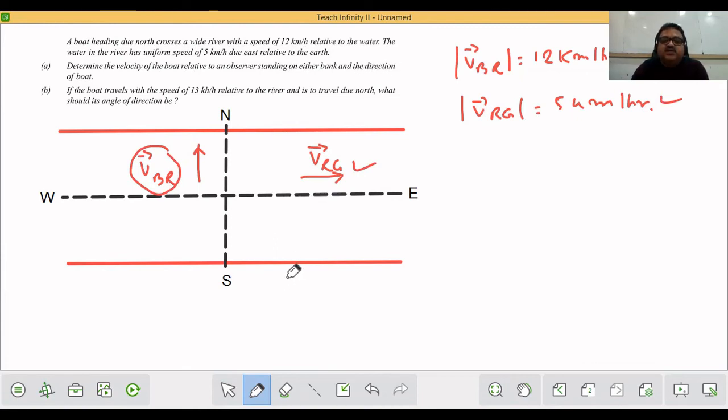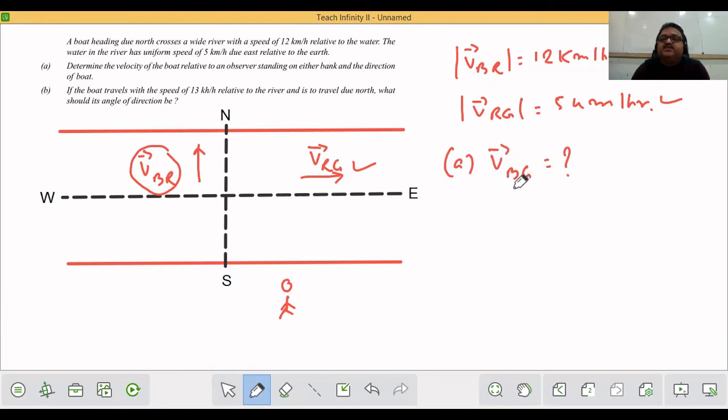Correct? So think about this person. So we need to find out, actually, from the question, the velocity of the boat relative to the ground. Question is this. Determine the velocity of the boat relative to an observer standing on either bank and the direction of the boat.